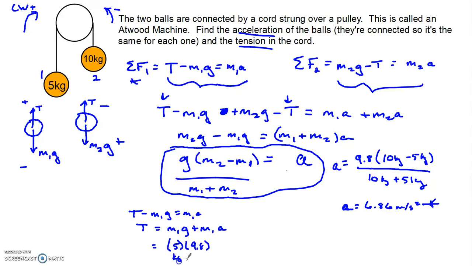Put your units in there, kilograms, meters per second squared, plus 5 kilograms times the acceleration, which is 6.86 meters per second squared, and I get 83.3 newtons for the tension.